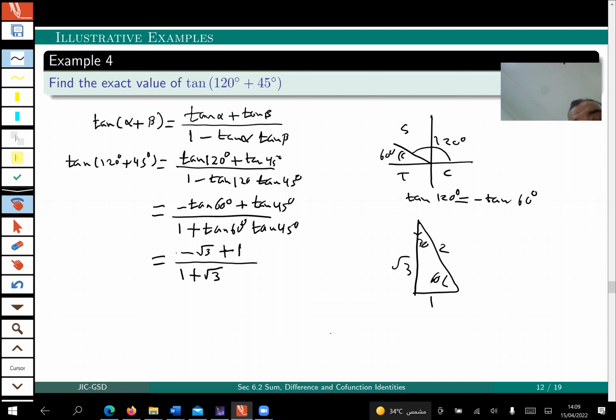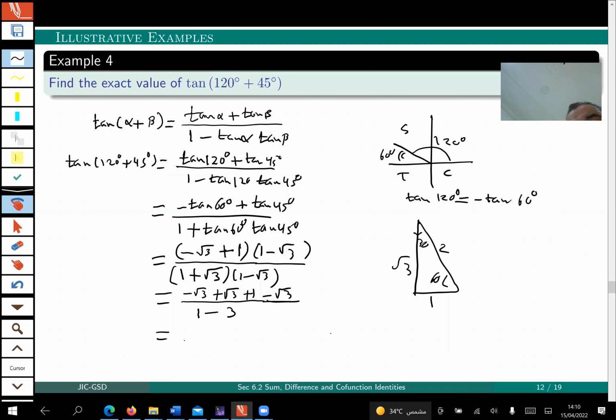Similarly, if I want to simplify it more, I'll multiply by the conjugate of the denominator, 1 minus root of 3, over the same quantity. Again, it will be the square of the first, which is 1, minus the square of the second, which is 3. Expanding the numerator, minus root of 3 times 1 is minus root of 3, and minus root of 3 times minus root of 3 will be plus 3.